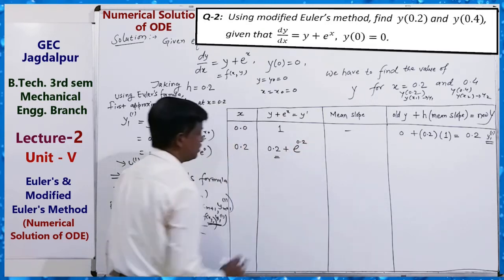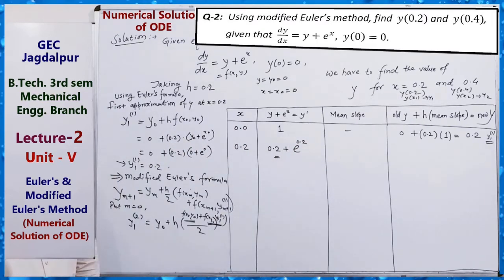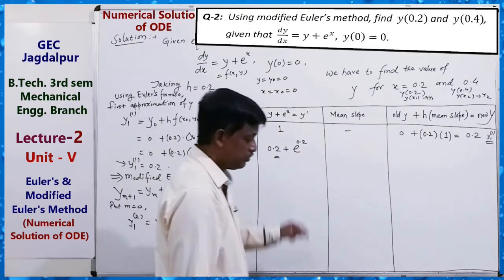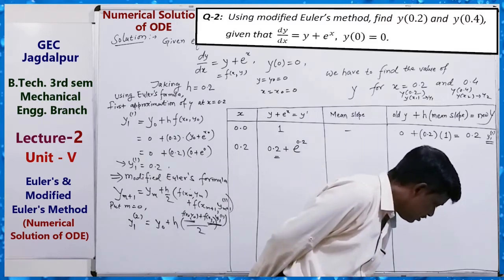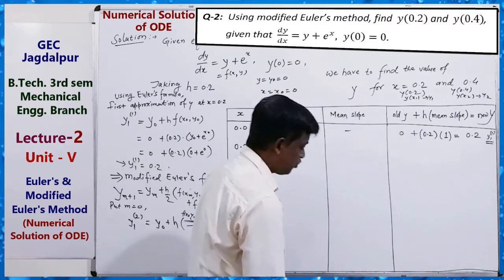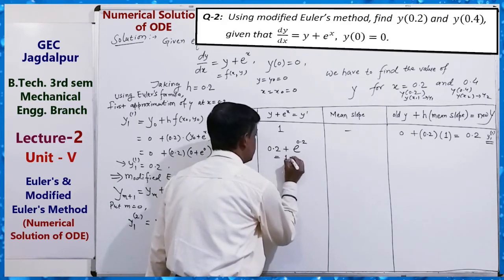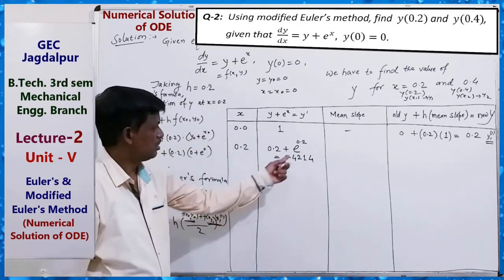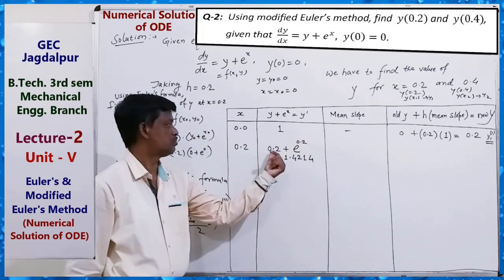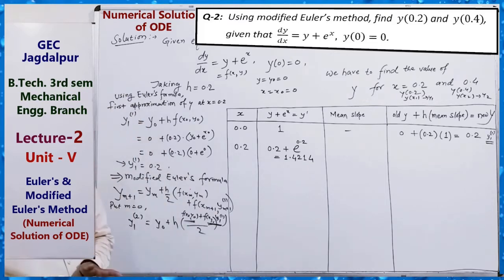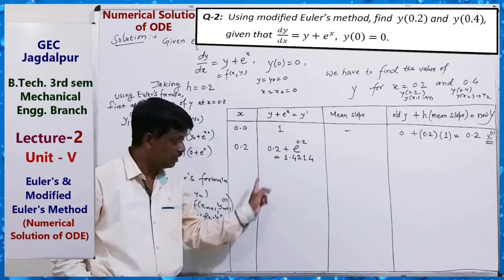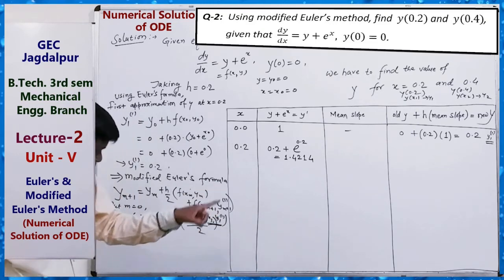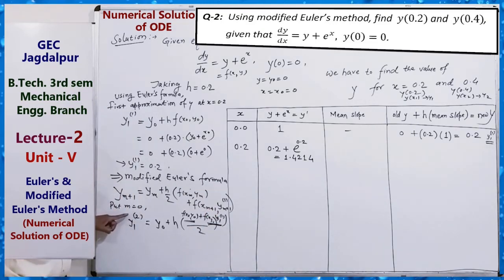It can be calculated by using a calculator. You will get 1.4214. Just use a calculator to find the value of e to the power 0.2 plus 0.2. This is the slope at the second approximation.